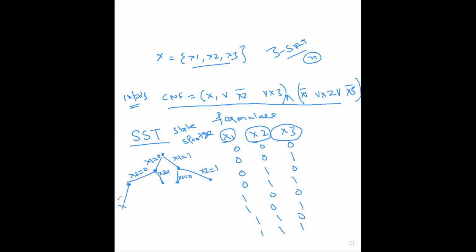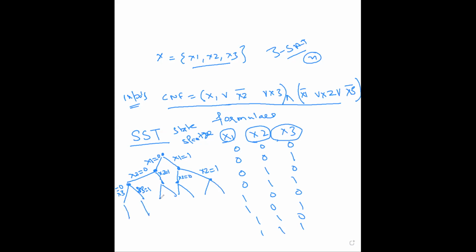Either the value of x3 will be equal to 0 or x3 will be 1. Similarly, you can write for x3 equals 0 and x3 equals 1.